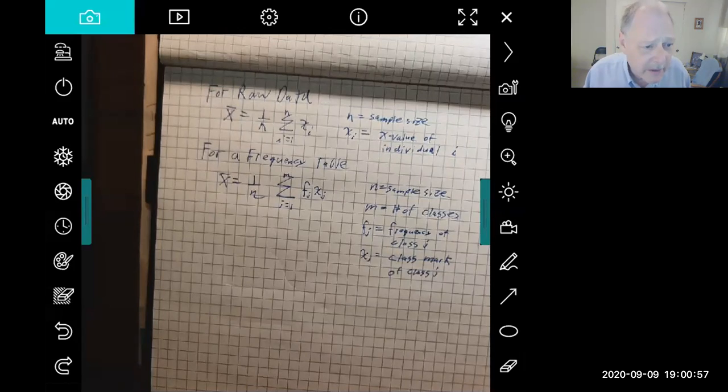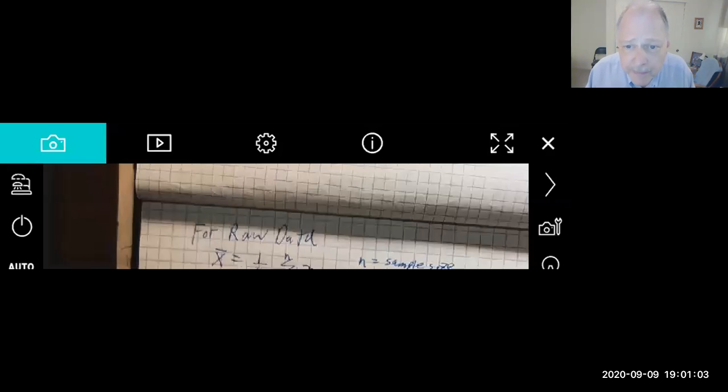And then to find the mode for a continuous variable, it's the midpoint of the tallest bar in the histogram. So this bar here has a height of 54. So where is it in the table here? It's this one.